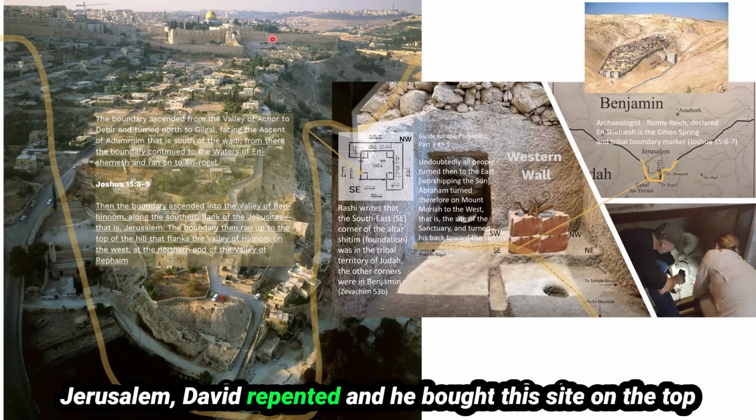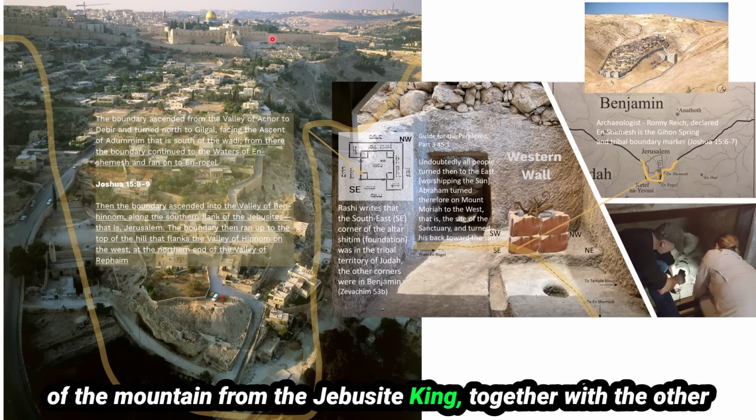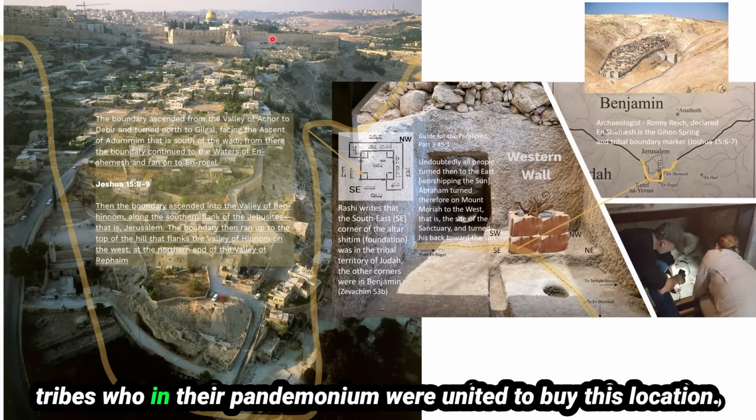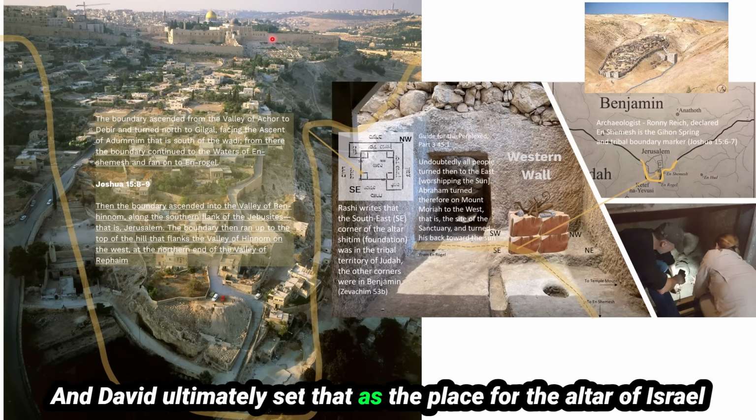David repented, and he bought this site on the top of the mountain from the Jebusite king, together with the other tribes who in their pandemonium were united to buy this location. And David ultimately set that as the place for the altar of Israel.